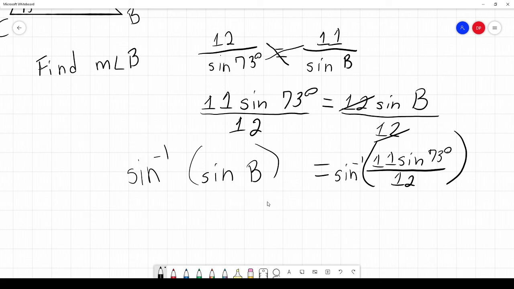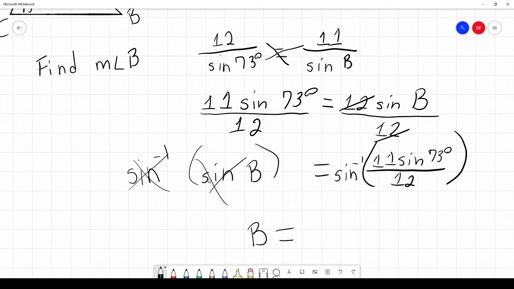Whenever you take the inverse sine of a sine function, the inverse sine and the sine cancel each other out. So what's left is just the measure of angle B.